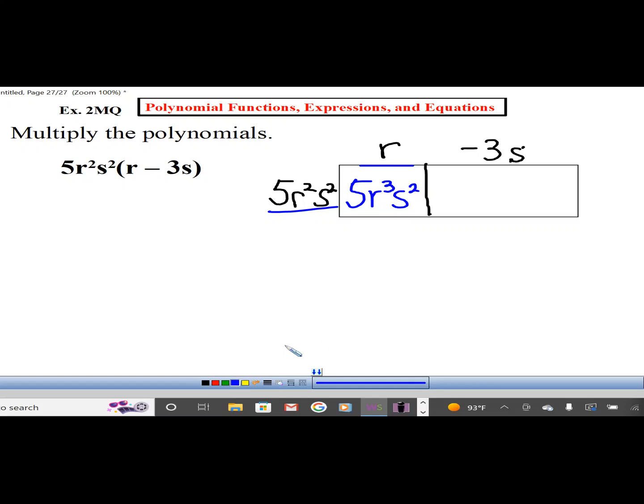That is correct. All right, so now we go to the second term. What goes here, Fredo? All right, help him out, Jaden. Negative 15r to the second power. S to the third power. Hands if you got that.